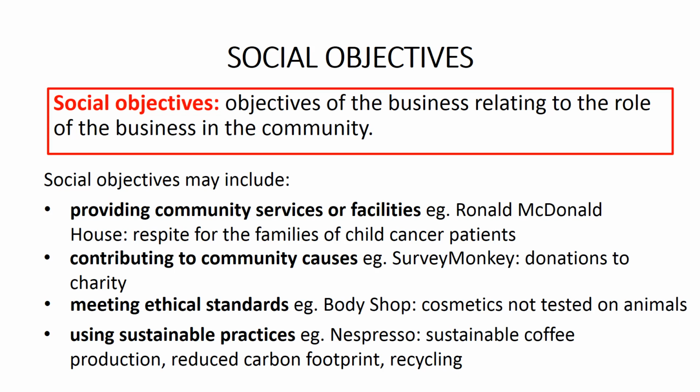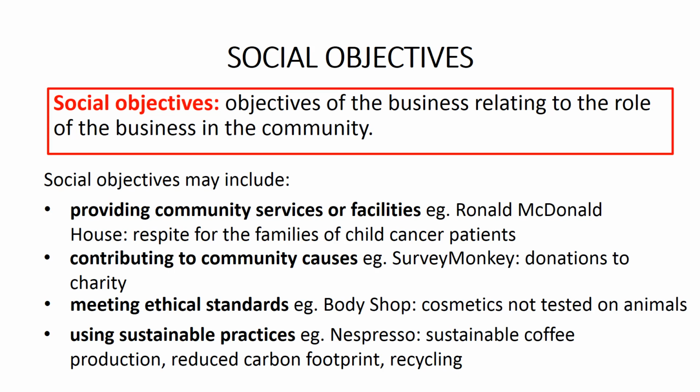Instead, it only plants its coffee plantations on land that has already been cleared. So you can see that in that way, Nespresso is supporting and using sustainable practices because it is not cutting down forest for the purposes of its coffee plantations.